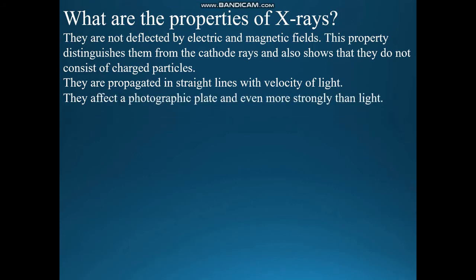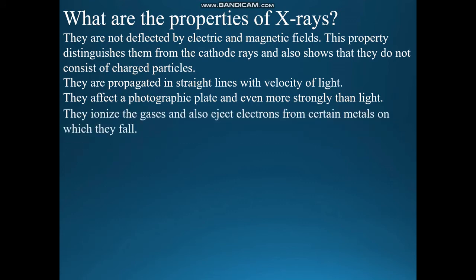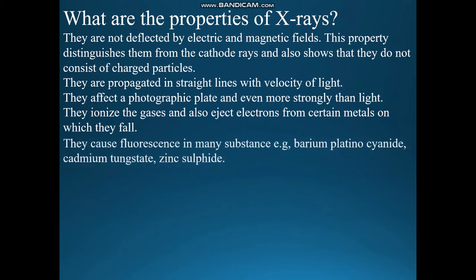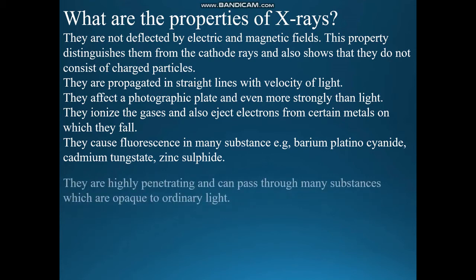They affect a photographic plate even more strongly than light. They ionize gases and also eject electrons from certain metals on which they fall. They cause fluorescence in many substances, for example barium platinocyanide, cadmium tungstate, zinc sulfide, etc.